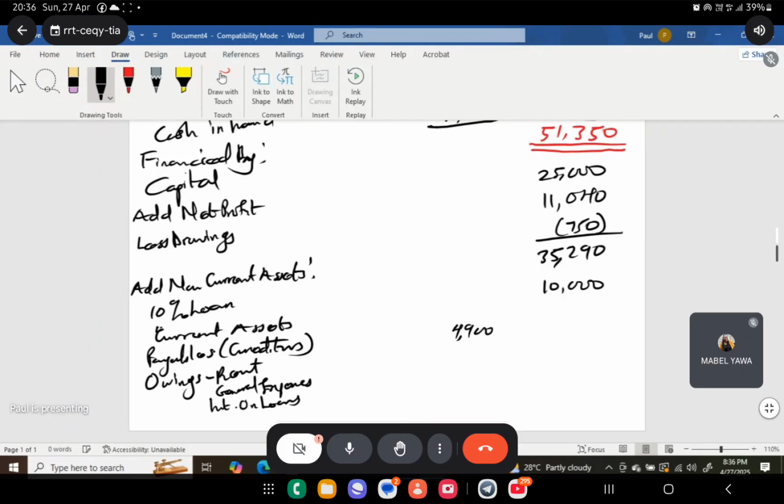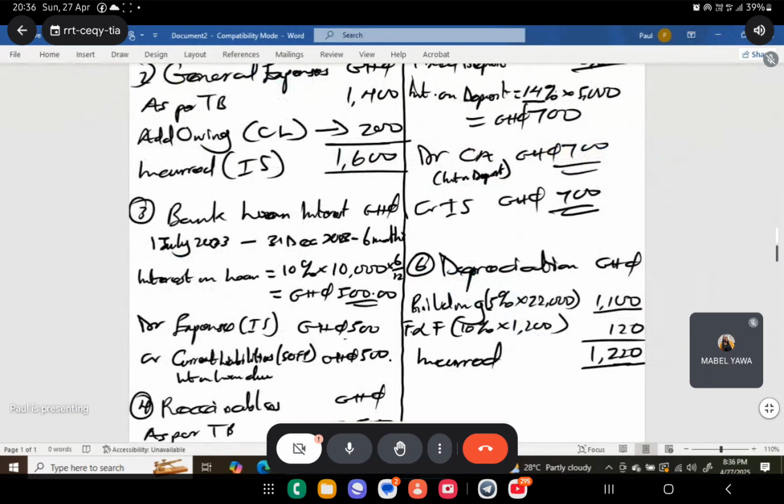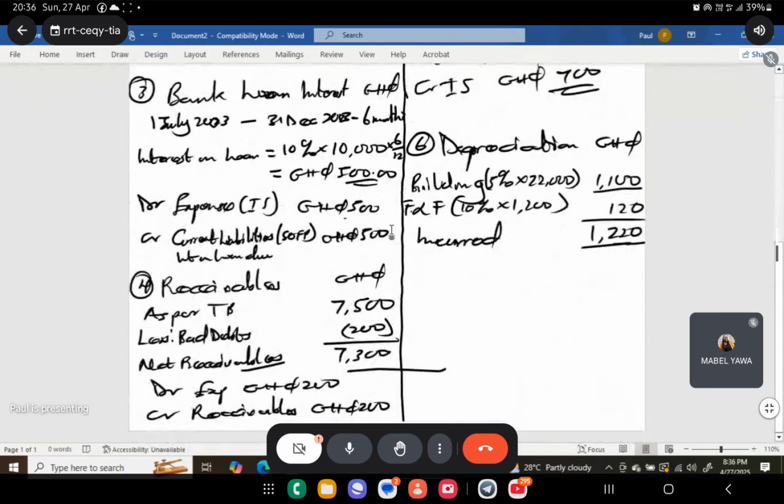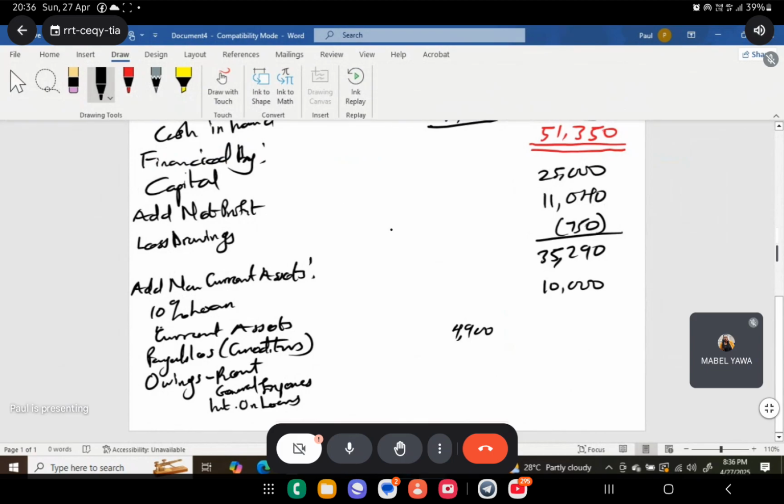So the rent was 460. General expense was 200, and the interest on loan was 500.